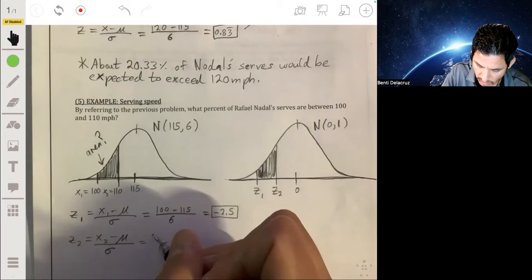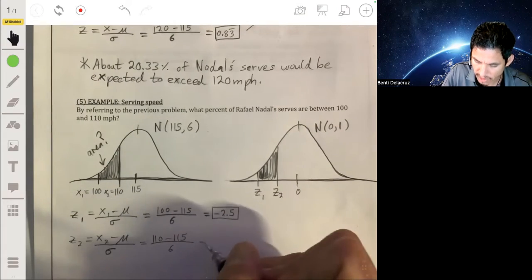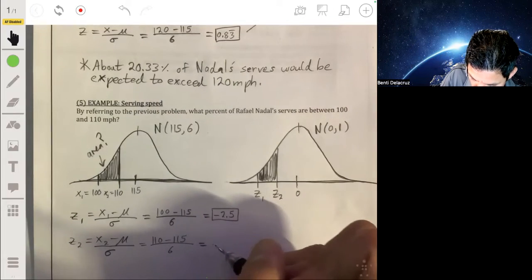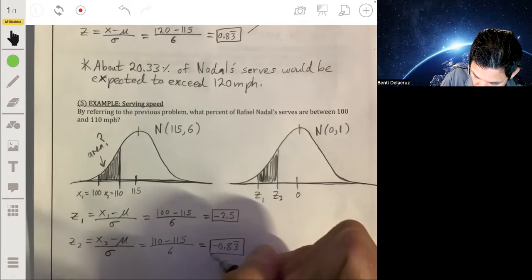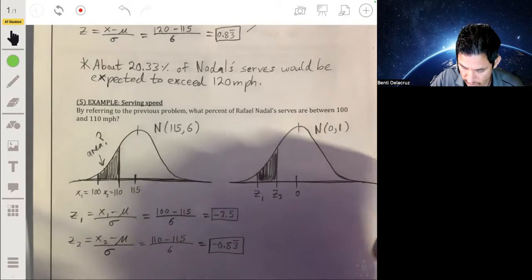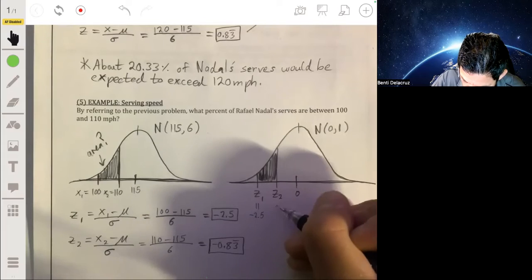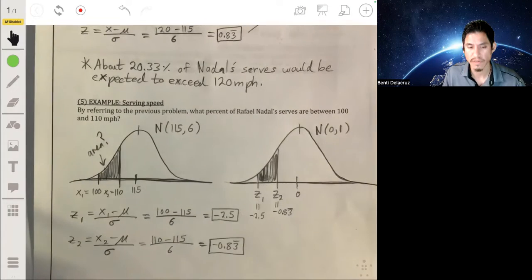And here we'll have 110 minus 115, which would be just the opposite of this 0.83, negative 0.83 repeating. So Z1 will be negative 2.5, and Z2 will be negative 0.83 approximately.